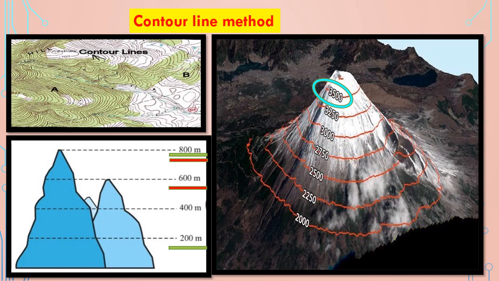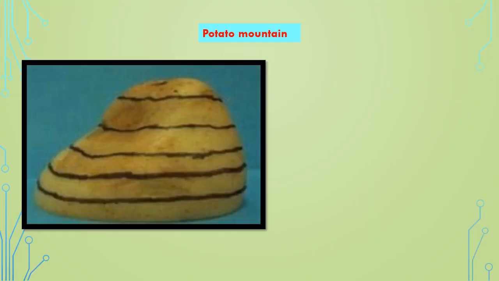Let us understand this easily with the help of an activity, cutting the potato into half. Here you can see the lines drawn on a half-cut potato. Assume this potato as a small hill. There are 6 contour lines circularly drawn on them at different heights on all sides.